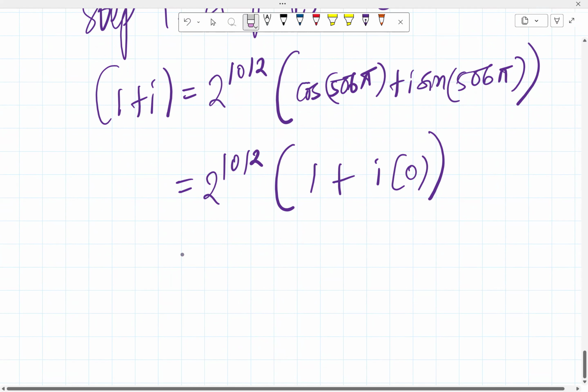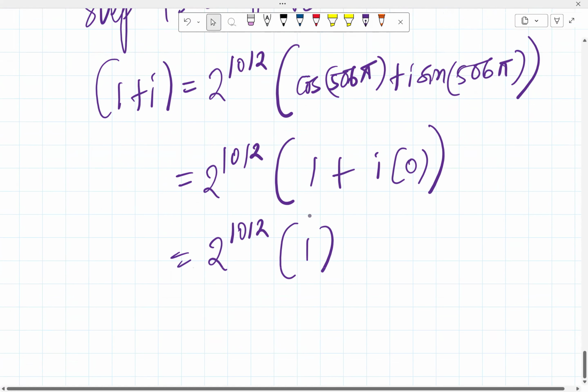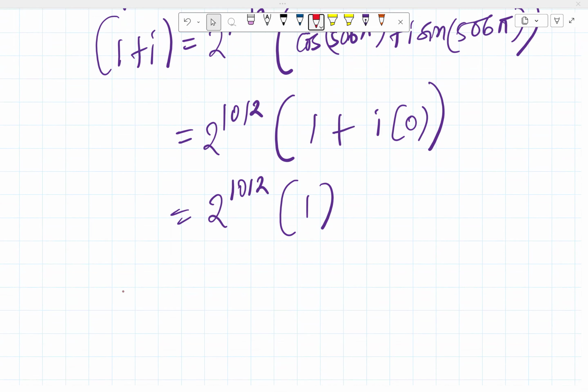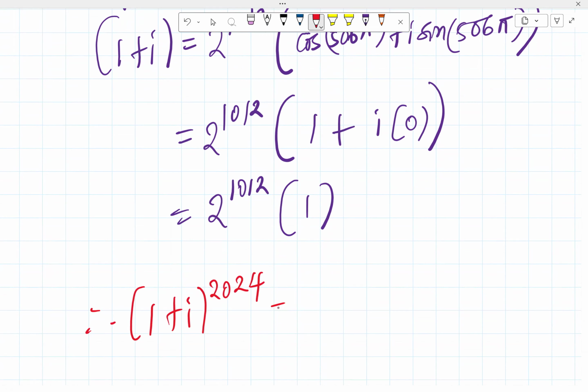So this is now equal to 2 raised to the power 1012 times 1. Therefore, (1 plus i) raised to the power 2024 is equal to 2 raised to the power 1012, and that is just what that is.